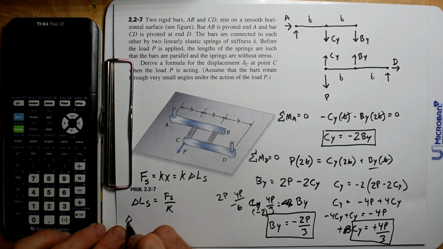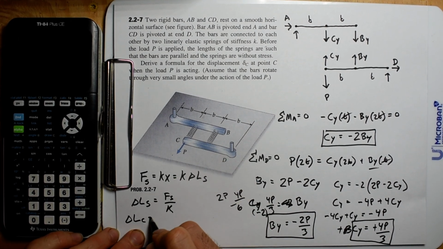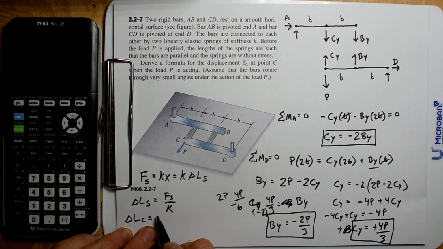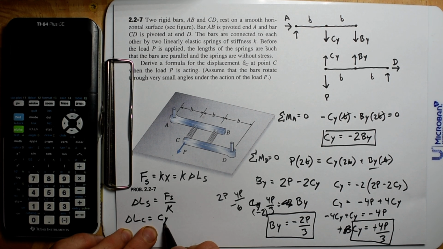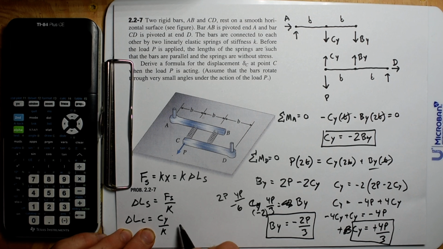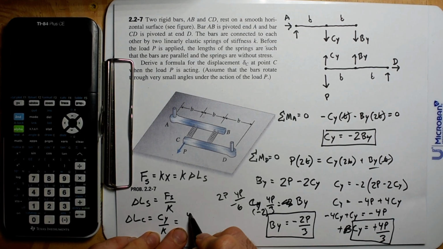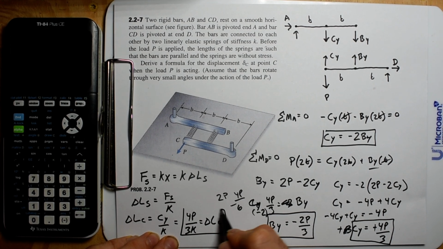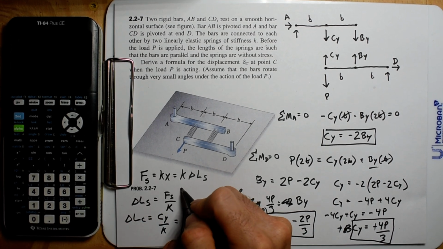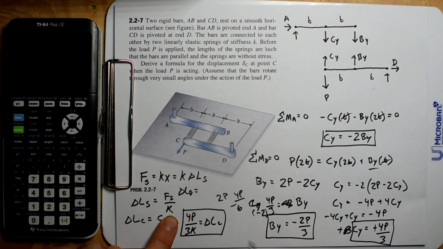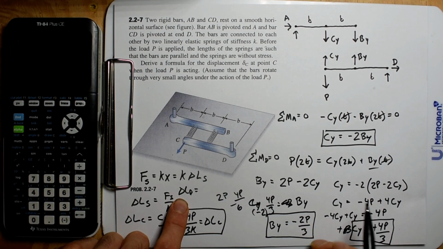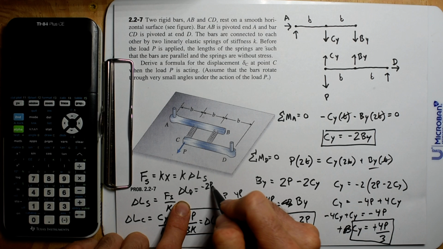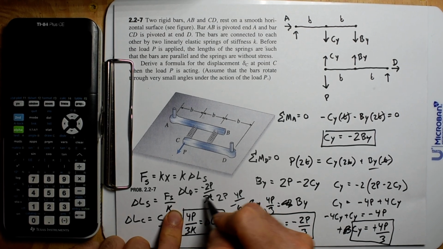The change in length of spring C is the force Cy divided by K. We already know Cy, so that's 4P over 3K. This is the change in length at C. And then we can do the same thing for the change in length of B: the force at B divided by K, so negative 2P over 3K.